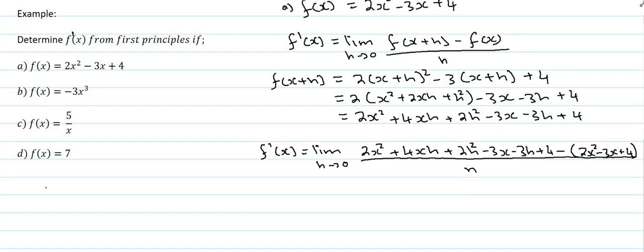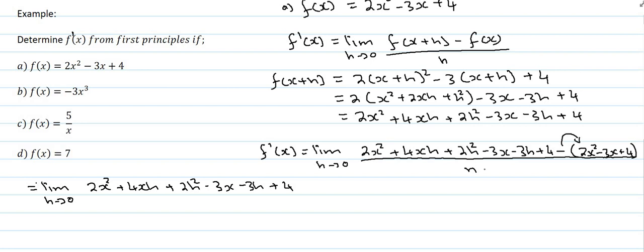So let's simplify this side. We bring down the limit. This will be equal to the limit as h approaches 0, 2x squared plus 4xh plus 2h squared minus 3x minus 3h plus 4. Then we distribute the negative sign.